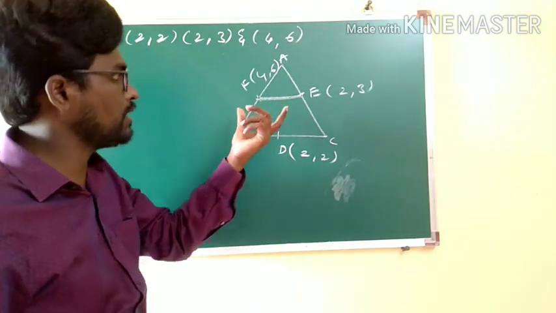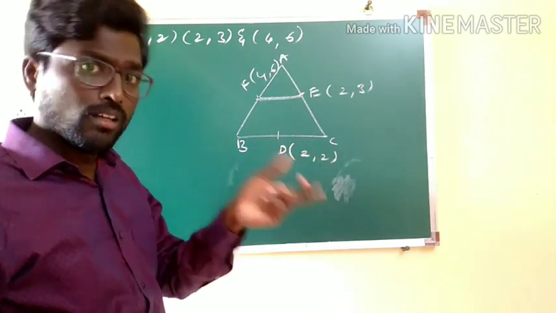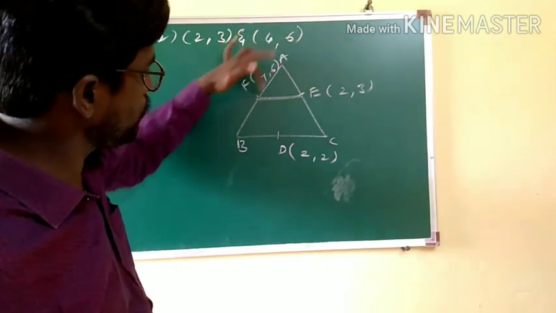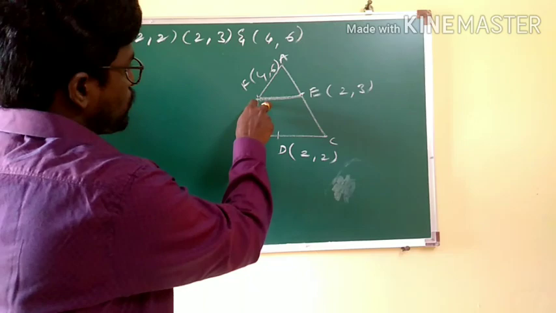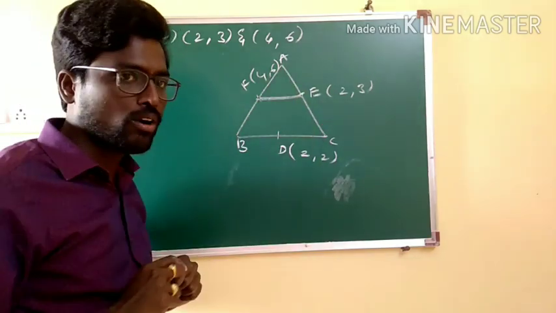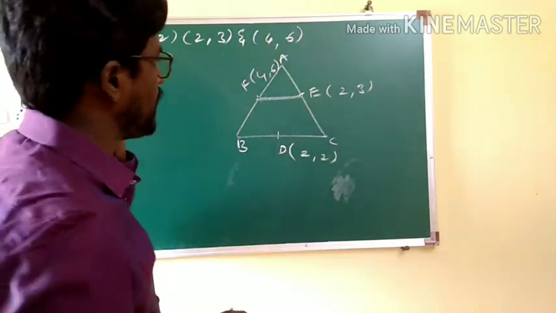If I connect the midpoints of these two sides, that will be parallel to the third side BC. If I connect the midpoints of these two sides, this line will be parallel to AB. If I connect the midpoints of these two sides, this line will be parallel to AC. With that knowledge, I am going to get the equations for BC, CA and AB.